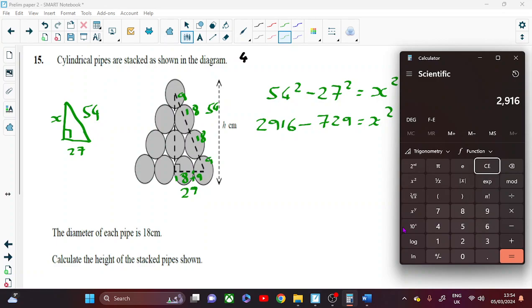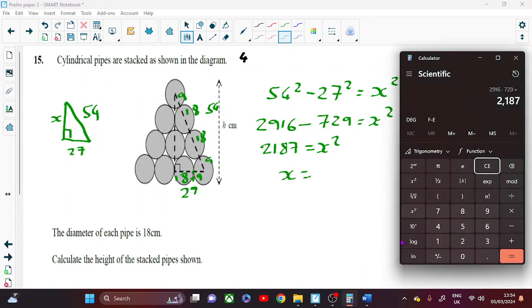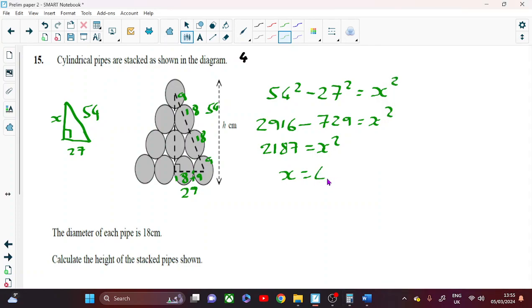2916 take 729 is 2187, and that is x squared. So x is the square root of that. So I want to square root it: 46.765. So I'm going to say 46.8.